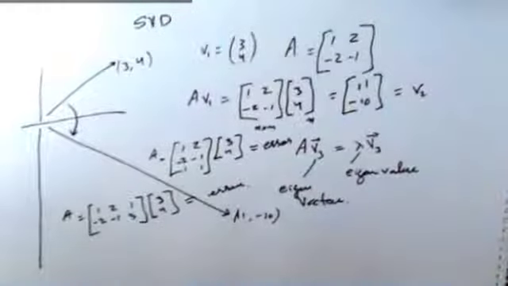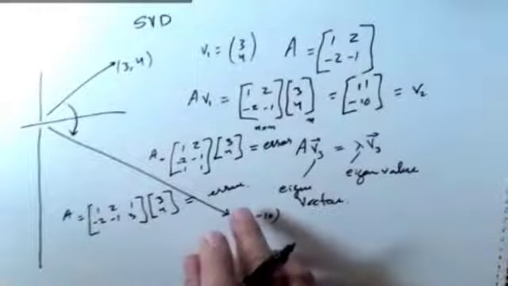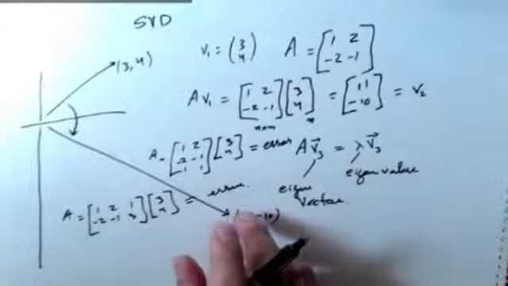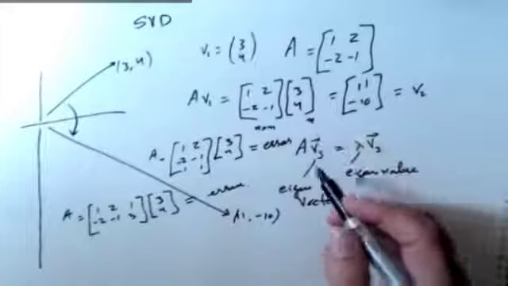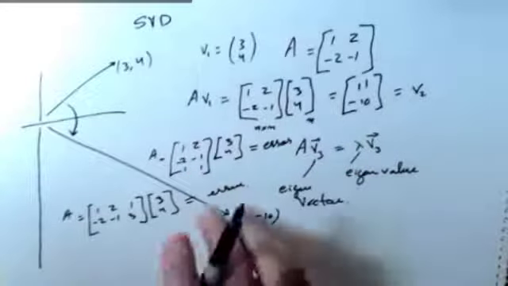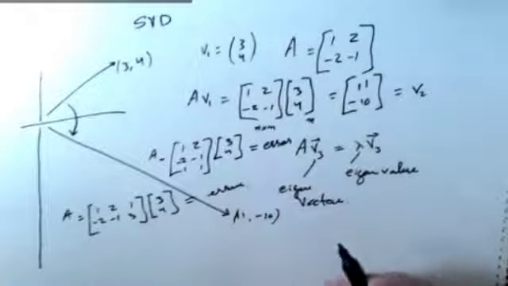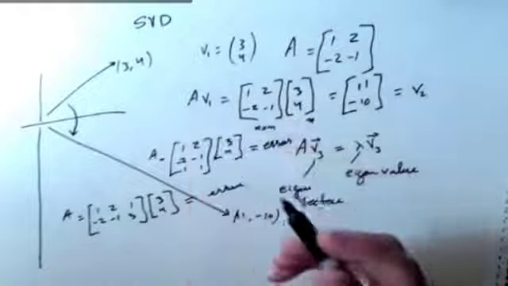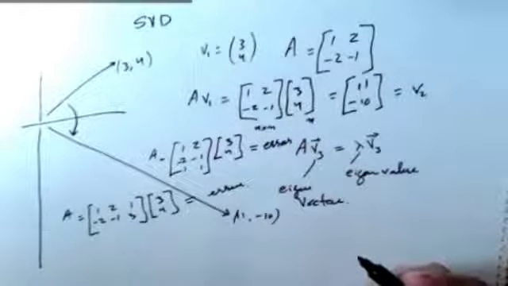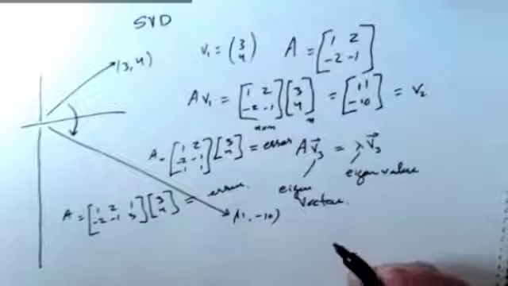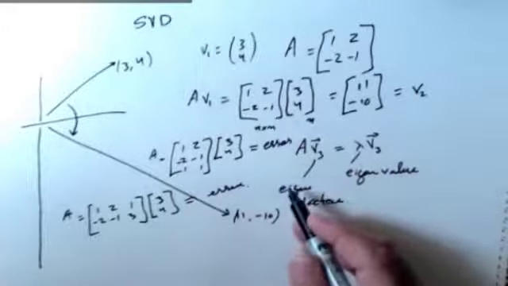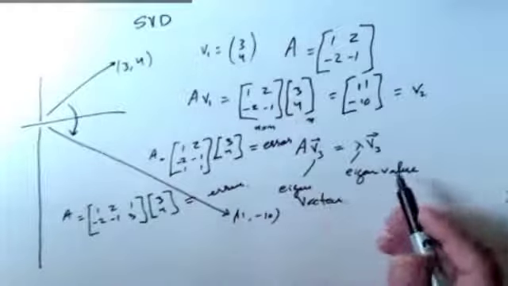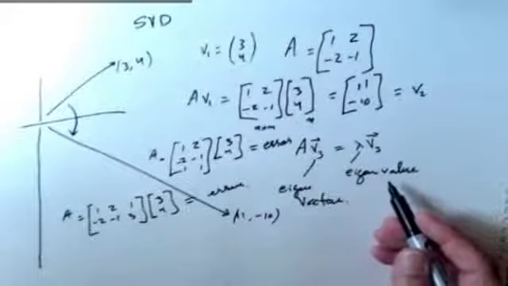So for this eigen thing to work, it must be a square matrix. But what if we start off with a rectangular matrix, and we want to find the eigenvectors and the eigenvalues for it?